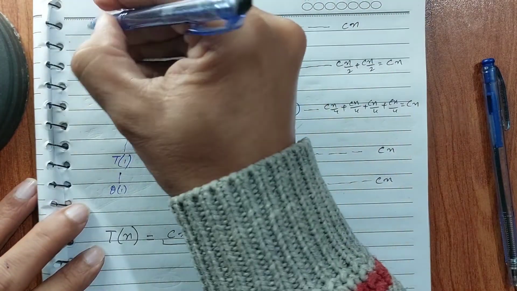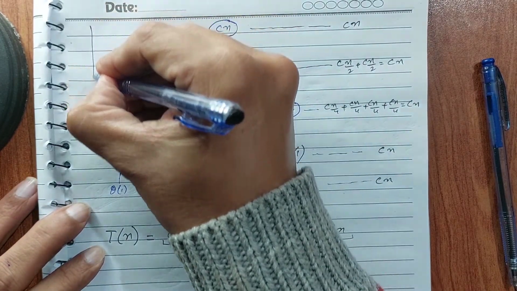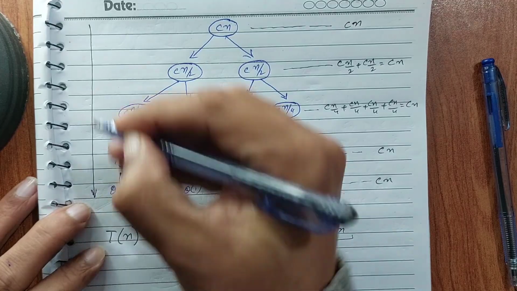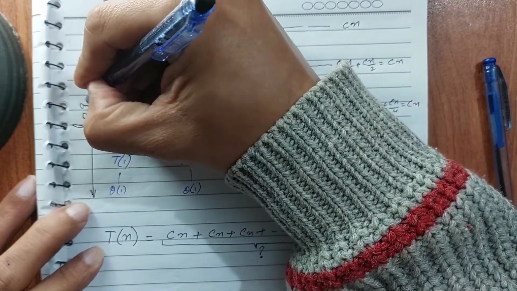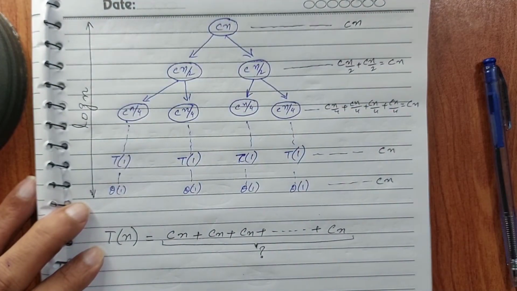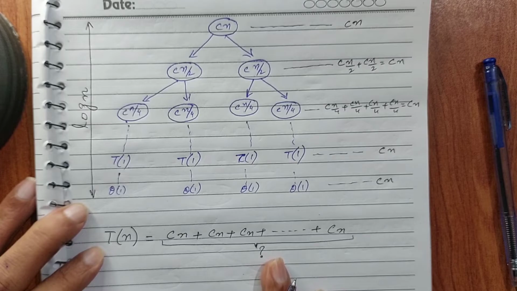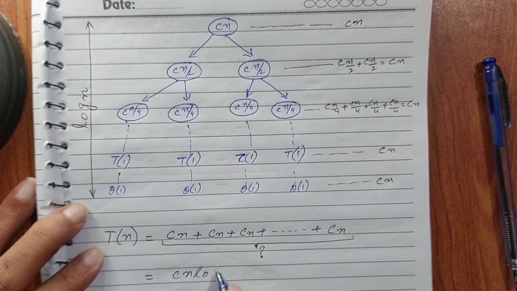In a height balanced binary tree, this is always log of n. So there are going to be log n cn's. This makes it cn log n, and this is equivalent to theta of n log n.